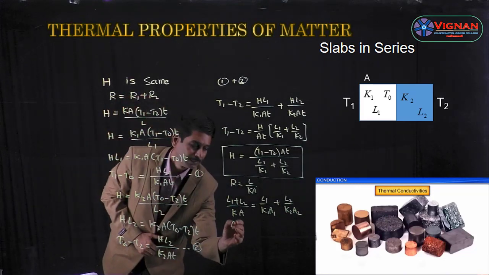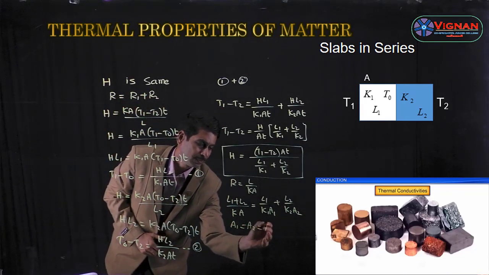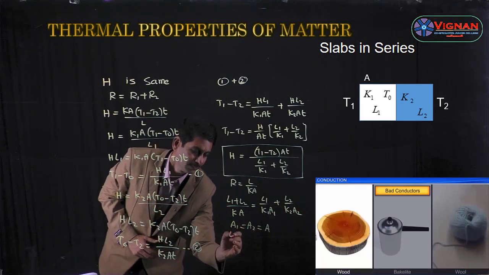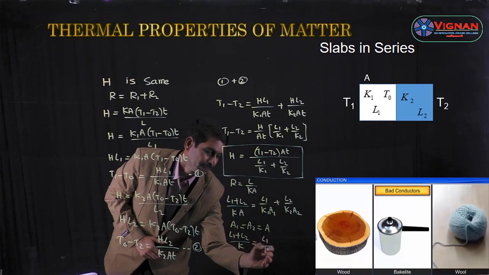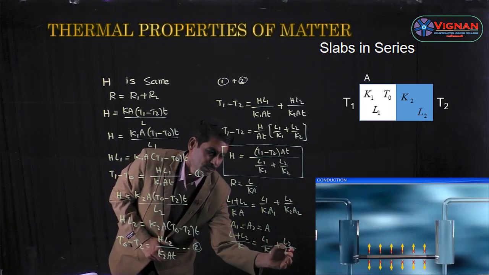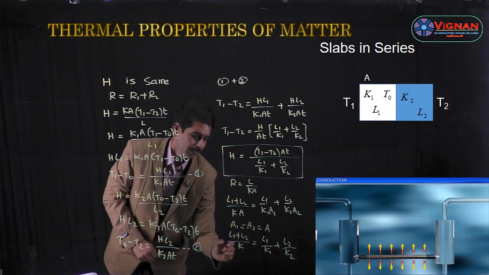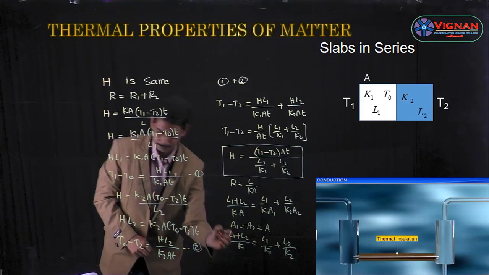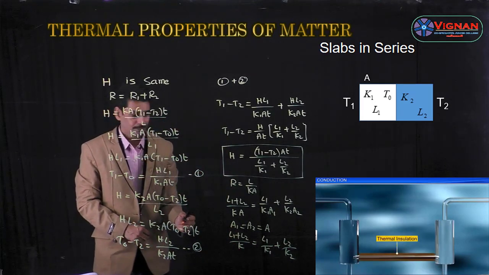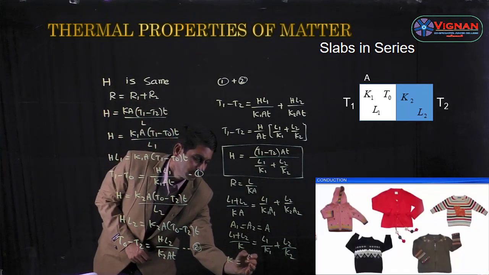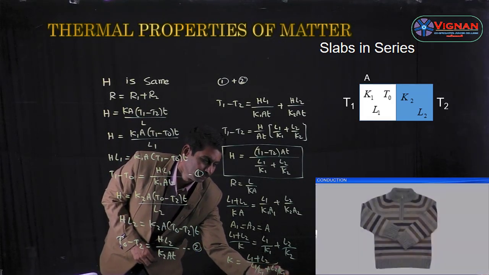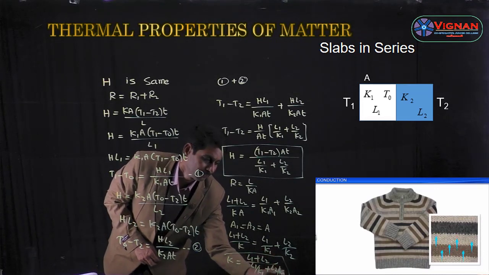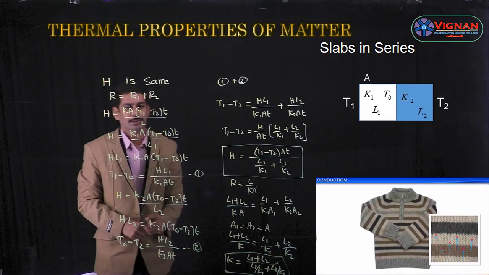So if A1 is equal to A2 is equal to A, so A gets cancelled, then we get L1 plus L2 by K is equal to L1 by K1 plus L2 by K2. Then we get K as K is equal to L1 plus L2 divided by L1 by K1 plus L2 by K2. This is the effective thermal conductivity when the areas of the two conductors are same.